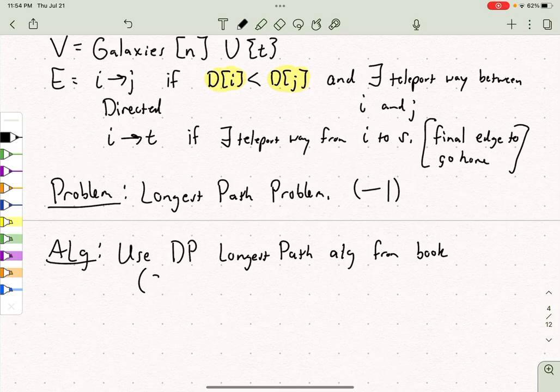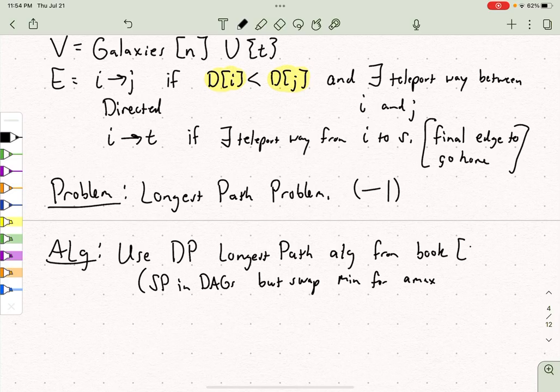So it's the same as shortest paths in DAGs, but swap the min for a max. And you can also find it in the textbook. I think it's section 6.4, around there. It's the dynamic programming on DAGs section. And so we can use this algorithm just as a black box to compute this, and then subtract 1 at the end.